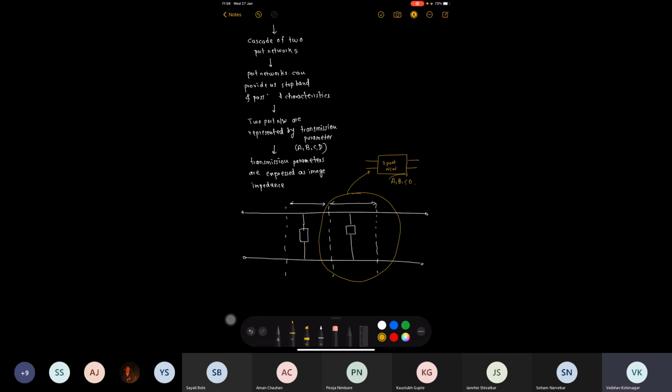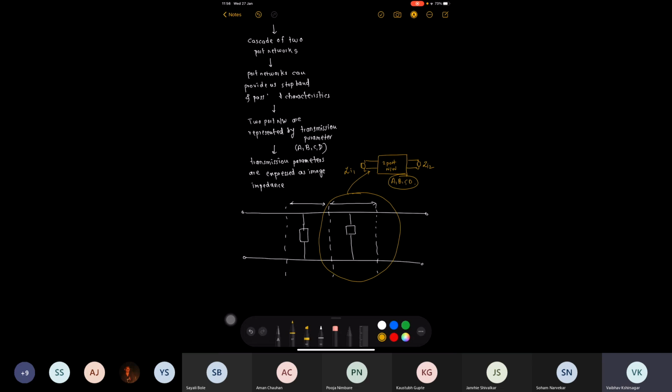And we will see later on that these ABCD parameters are expressed in terms of image impedances, which the two-port network is going to terminate with. So Zi2, and here at the input we have another impedance Zi1.